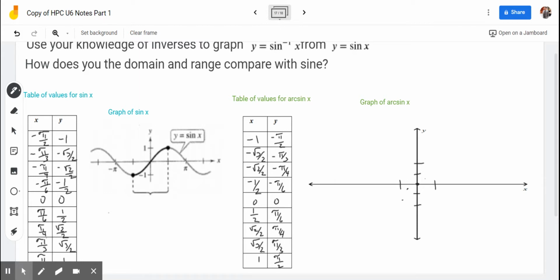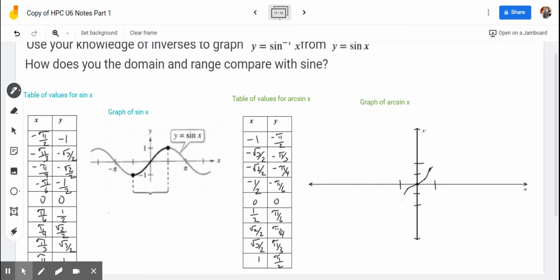We'll do the same thing on the other side. And then at 1, we'll be at 1.55-ish, a little bit past that. So that is our graph for the inverse sine function.